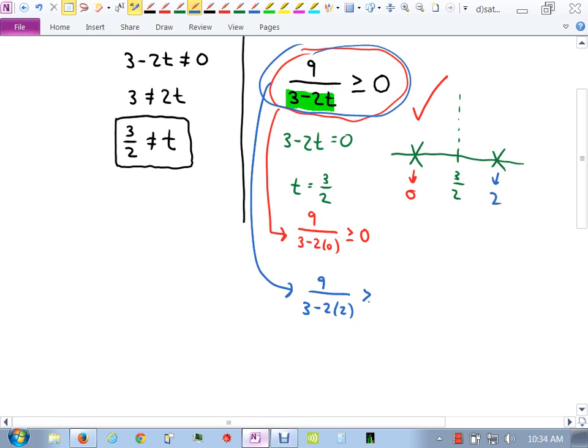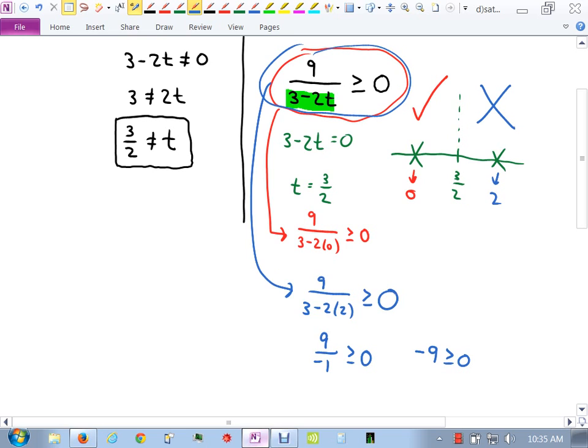Is that greater than or equal to 0? Isn't the denominator 3 minus 4? It's 3 minus 4. Negative 1? So isn't this 9 over negative 1? Is that negative 9? Is negative 9 bigger than or equal to 0? No. That means this side doesn't work.